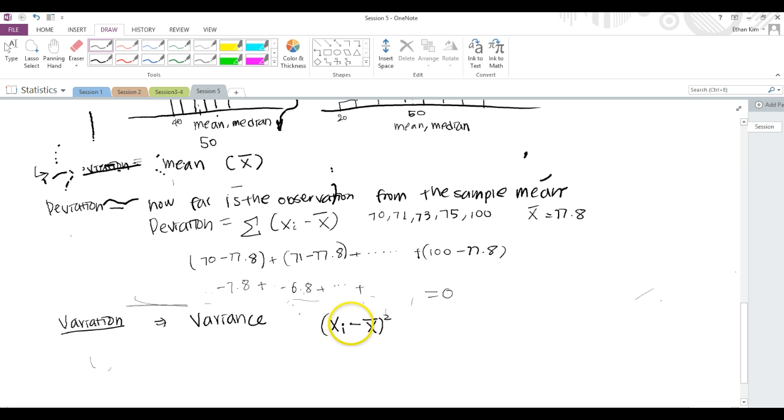Why do we square them? To get rid of all signs. The problem was that some of them were negative and some were positive, and they canceled out at the end. We don't want that to happen, so we square them. By squaring them, we get rid of all the signs, plus or minus, and that's going to be very helpful for us.